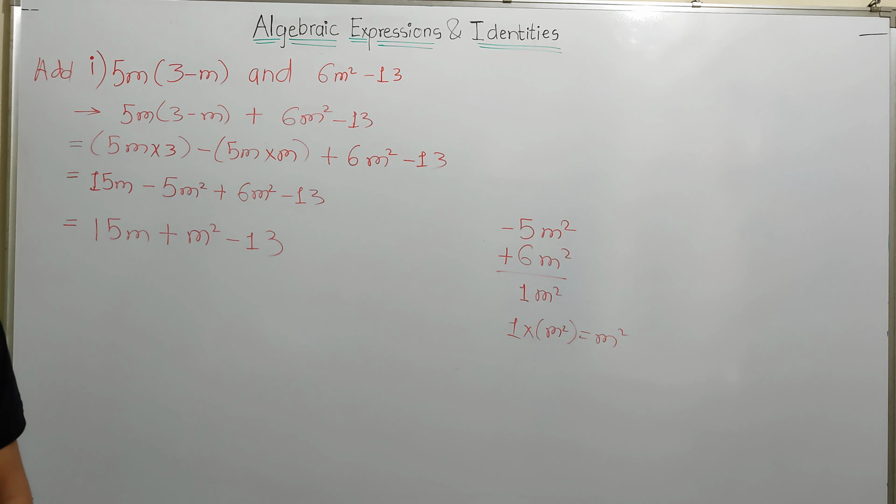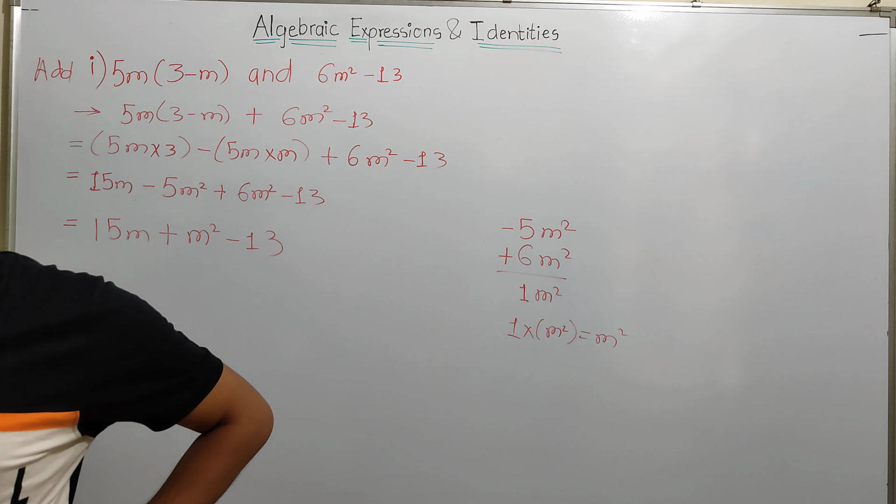So see what answer we are getting. Just a minute, we have made a mistake somewhere. 15m minus 5m square plus 6m square, it becomes m square.